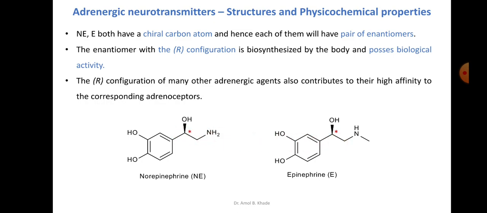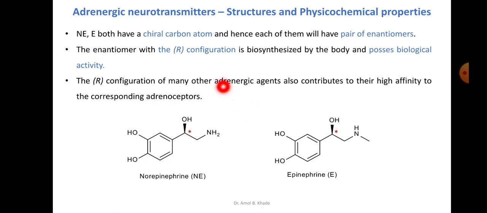Whenever there is a stereo center, as we have studied in organic chemistry, there is a possibility of enantiomeric forms. So there is a pair of enantiomers for norepinephrine as well as for epinephrine because of this stereo center. Now in this case, we have already studied R and S configuration, and even how to determine these configurations.